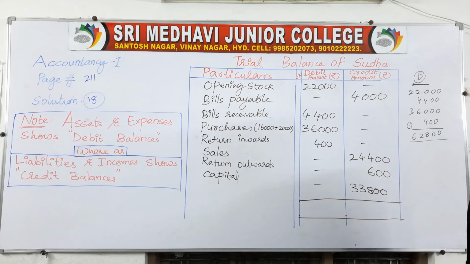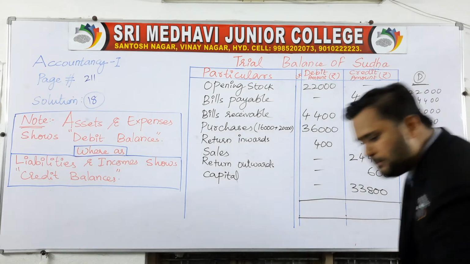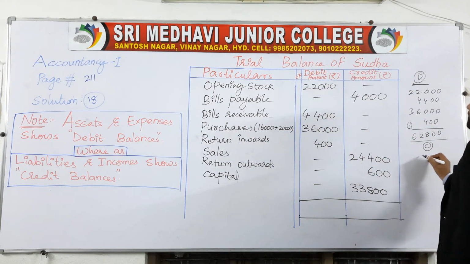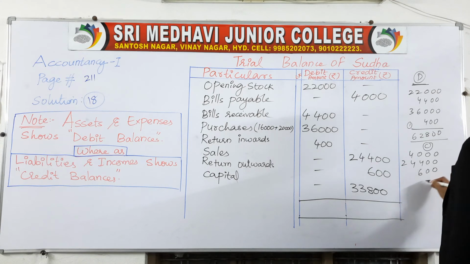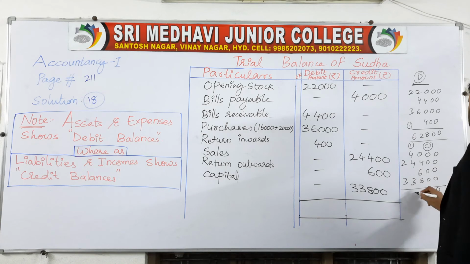Let's see the credit side total. 4,000, 24,400, 600, 33,800. 18, carry 1, 12, carry 1, 3, 6.